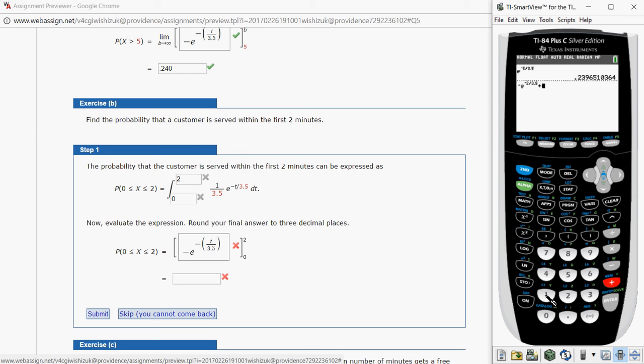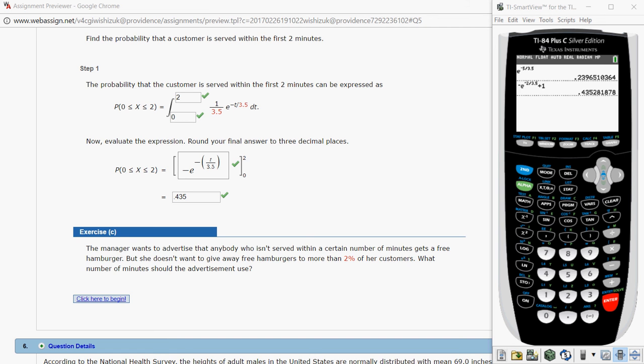This comes out to be 0.435. Let's submit. Looks like we got part B correctly.